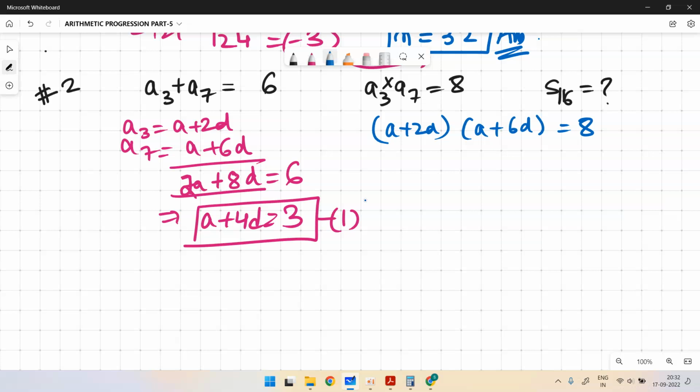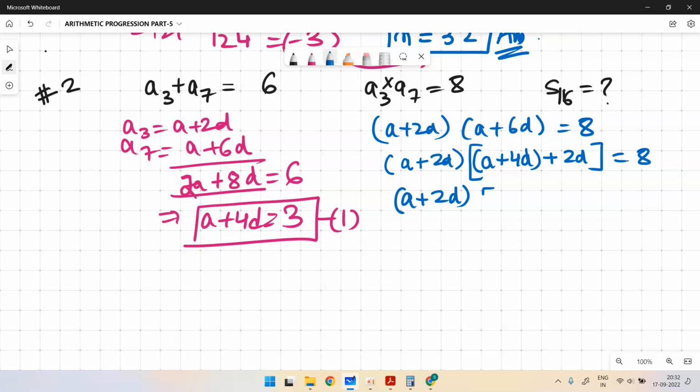Now if you see this, a plus 2d, you can write it as a plus 4d minus 2d, and a plus 6d as a plus 4d plus 2d. In a plus 4d you can directly substitute 3. So it becomes 3 minus 2d times 3 plus 2d, which is 8.